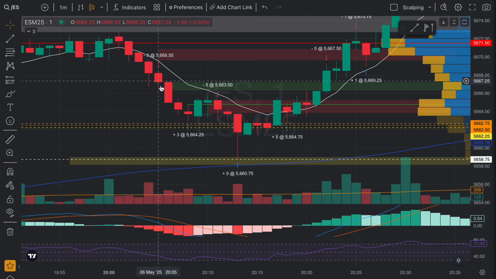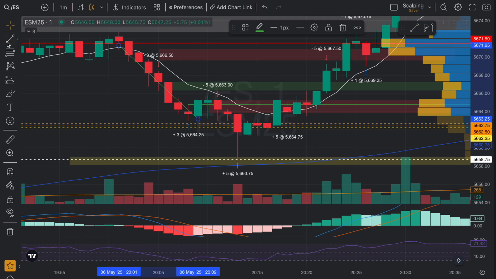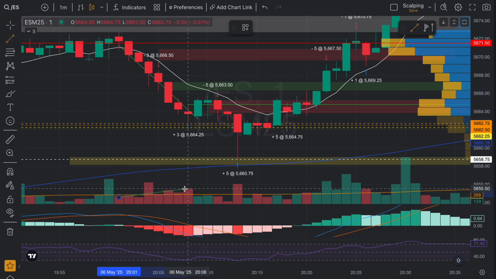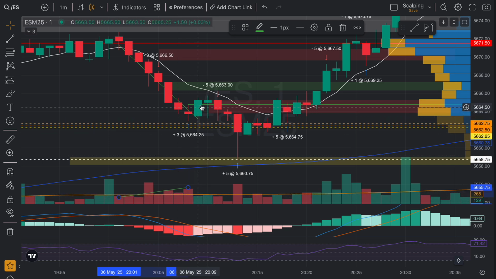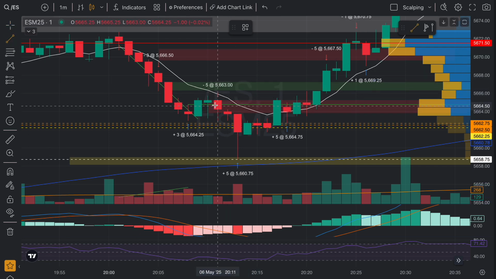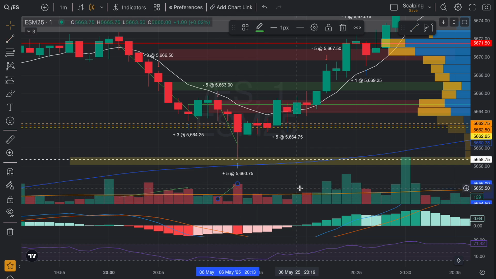You can see this first zone on the way down had confluence of expanding seller volume as well, and then there was not enough buyer volume to break up here. That gave us the rejection from the fade zone that we were looking for. And then with the continued seller action here, you can see that there is expanding seller volume at the same point. So that was good confluence for what we were looking for in this trade.